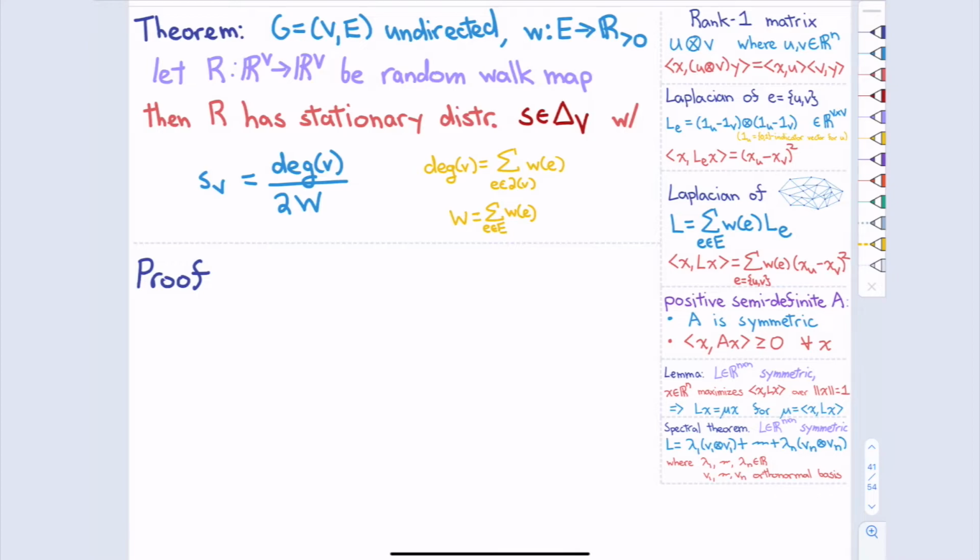Okay, so here I'm going to let D in R^V be the degrees. And that'll be true for the rest of the lecture. So I'll just use D as a vector that represents all the degrees.